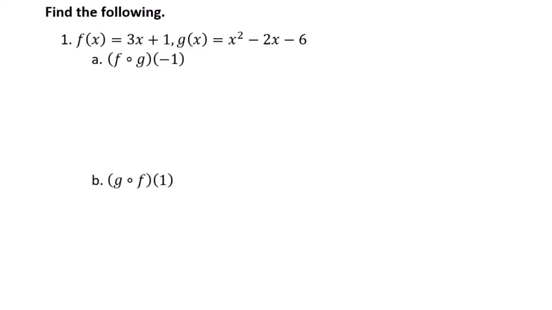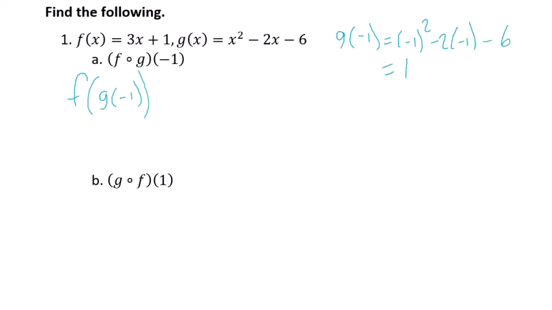All right, so here we have f of g of -1. Looking at this, you're going to see it as the function f of g of -1. So what we're going to do is plug -1 into g. Once we get that, whatever value we get, we're going to plug that into f. So g of -1 is (-1) squared minus 2 times -1 minus 6.